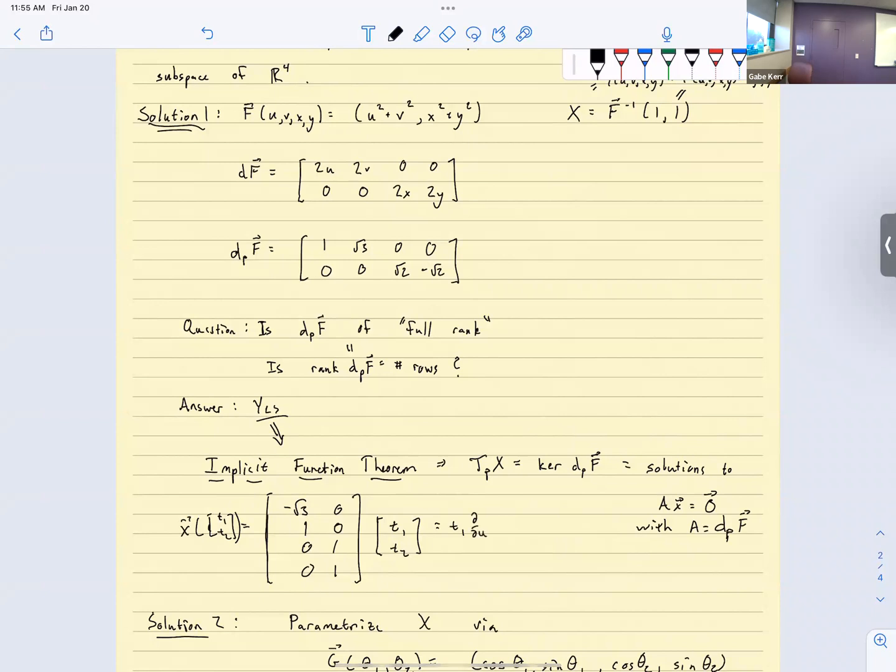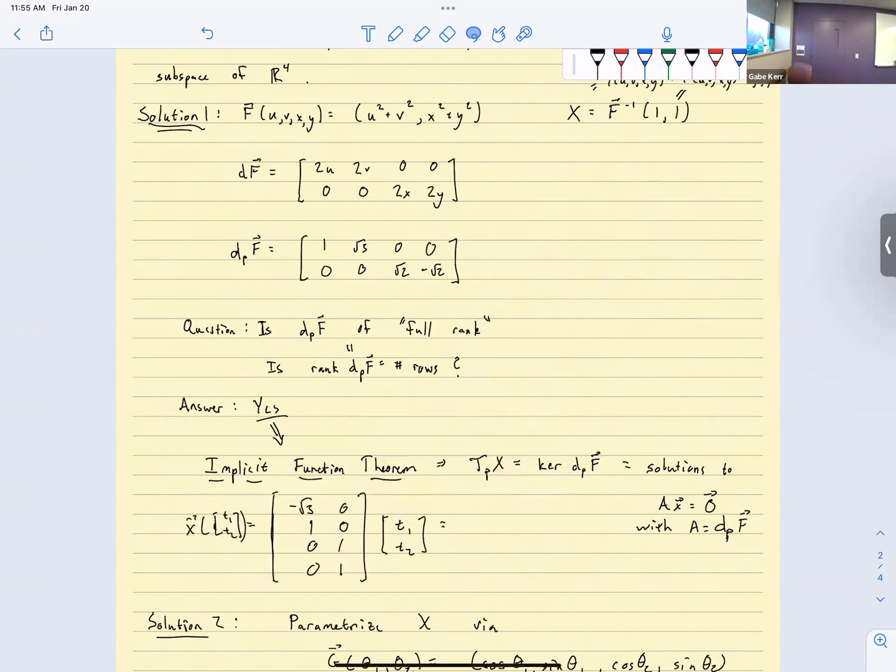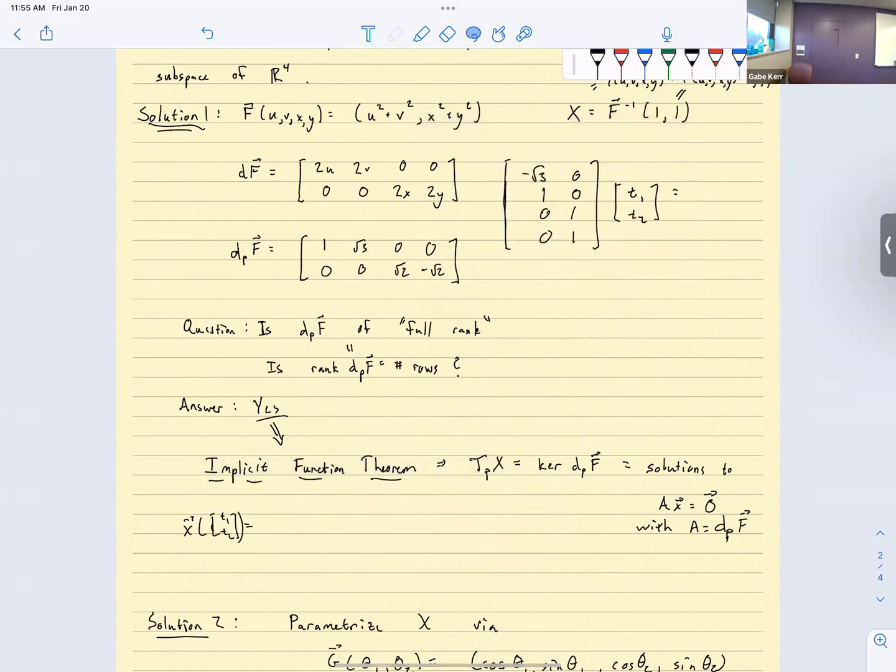Remember, these are tangent vectors. So what am I trying to say? I just want to say we have chosen certain coordinates here, and I want to explain what these coordinates are.